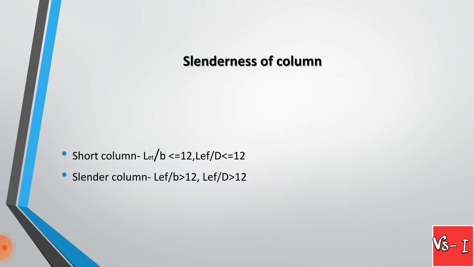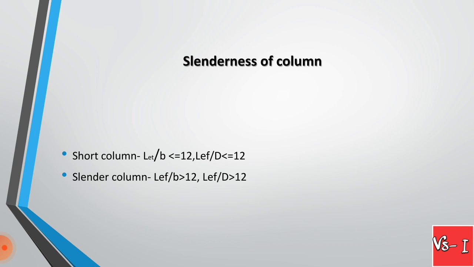Further classification is done on slenderness of column. First we will see the short column, in which effective length divided by dimension should be less than or equal to 12. If we consider a square or rectangular cross section, width will be the value of B, and if we consider a circular cross section, D will be the diameter.